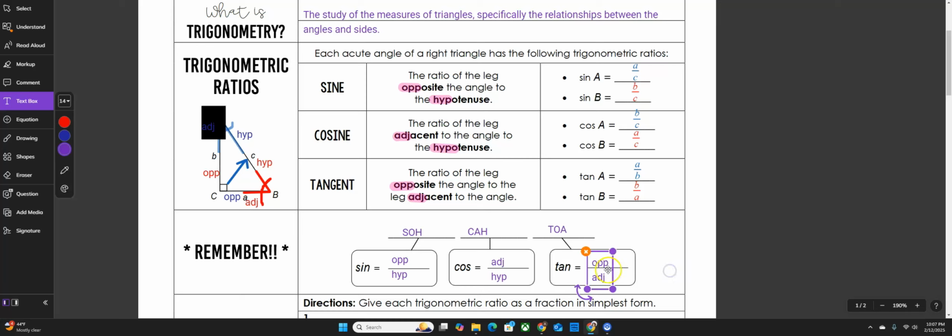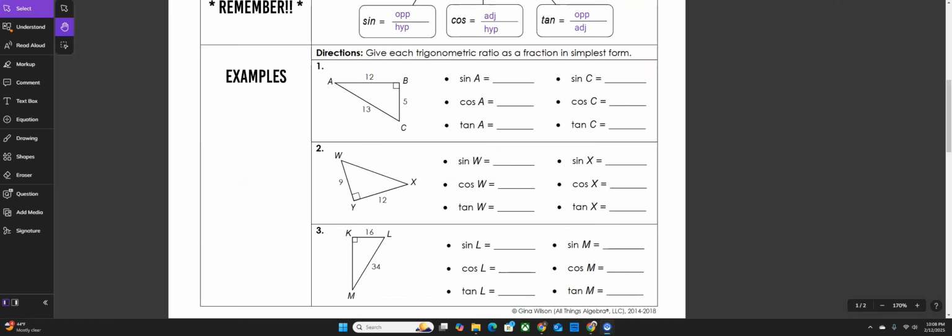SOH CAH TOA. It is the most important thing you will learn in this unit. In order to make this unit as simple as possible, if you can do the trigonometric ratios and set them up properly, this unit will be a breeze.